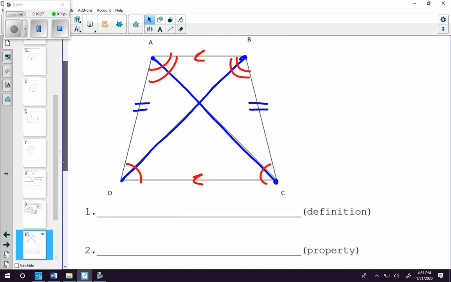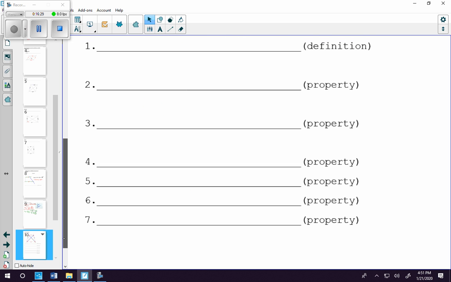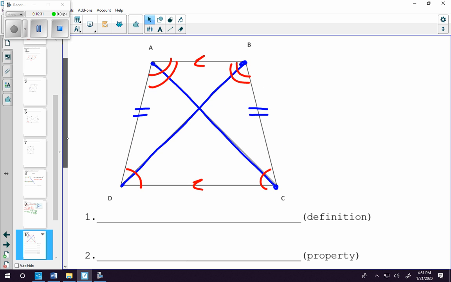Okay, in blank 4, which would be another property of an isosceles trapezoid, is that one upper base angle and one lower base angle will be supplementary. I'll write that out for you.